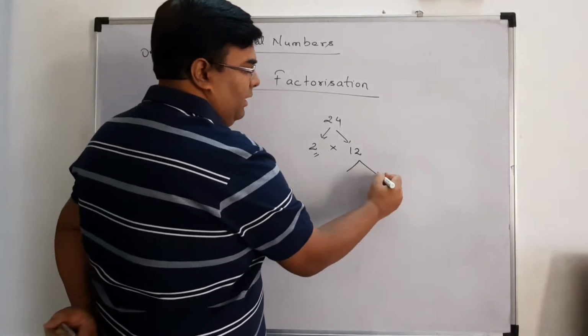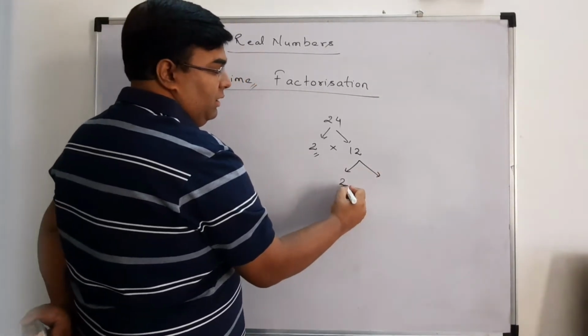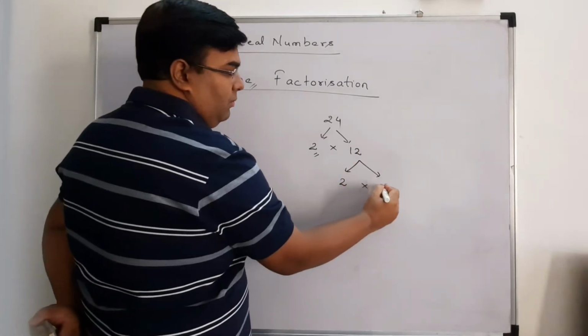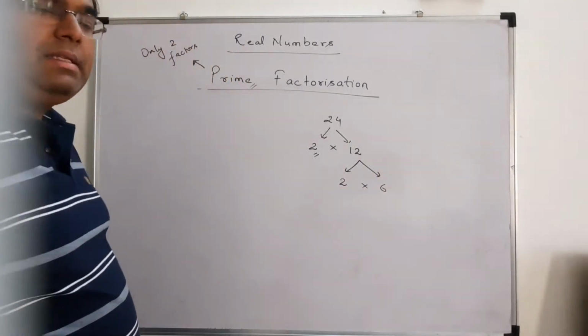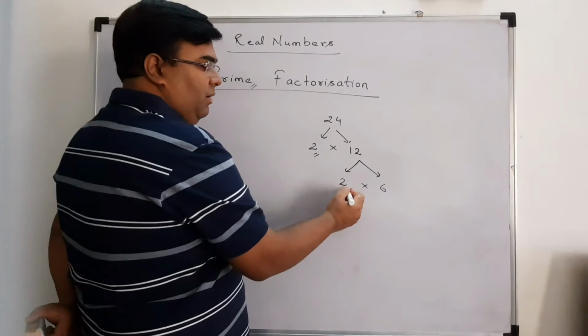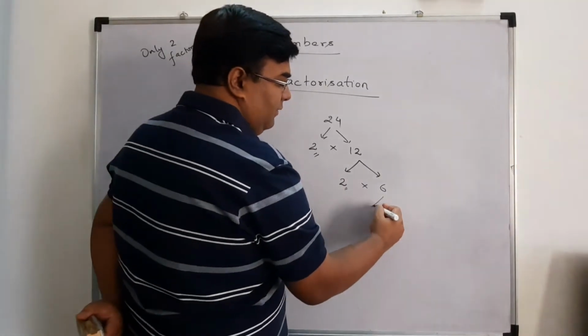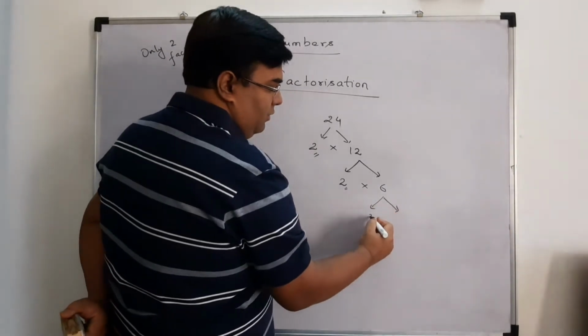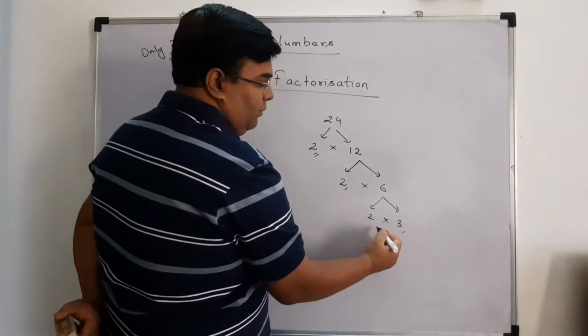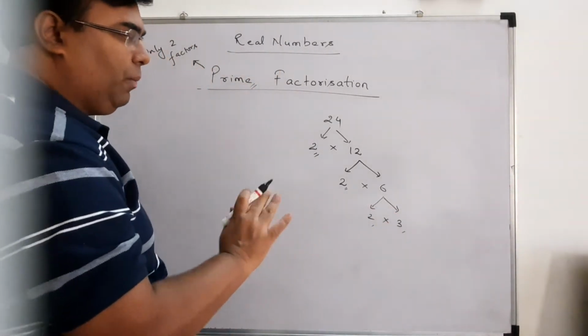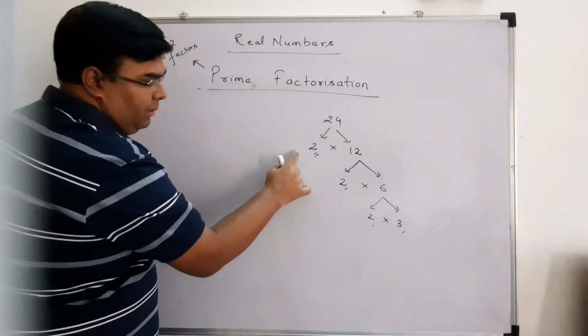Again we will split like this, even number, so 2 multiplied by 6. This is my prime number, that's fine, we can retain it here. 2 multiplied by, both are prime numbers, so we will stop here and we will write only the prime numbers.